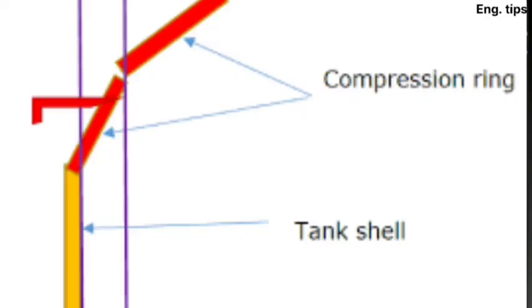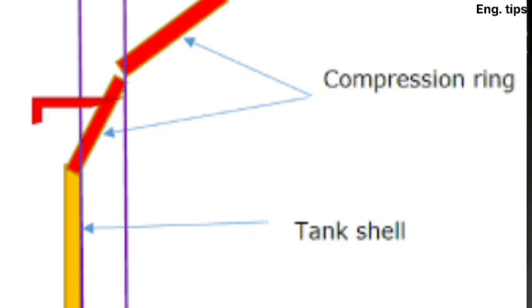That is normally called the compression ring, and it is thicker than the other shell thicknesses. The compression ring thickness and other thicknesses are calculated in the roof calculation and shell thickness calculation after getting the complete loads or weights.